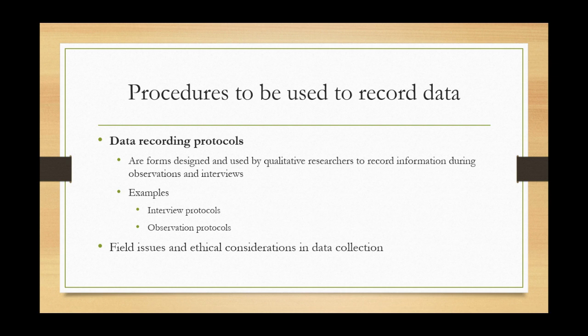The data also need to be collected ethically, with sensitivity to the individuals and populations being studied, and the research sites. So we have to be very ethical as we are collecting qualitative data, and we need to consider some ethical issues. That is how we do qualitative data collection.